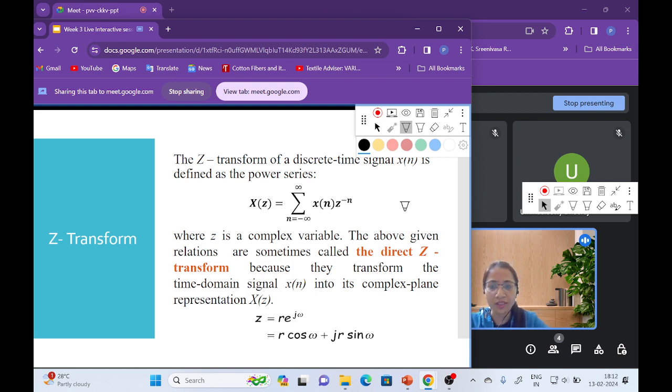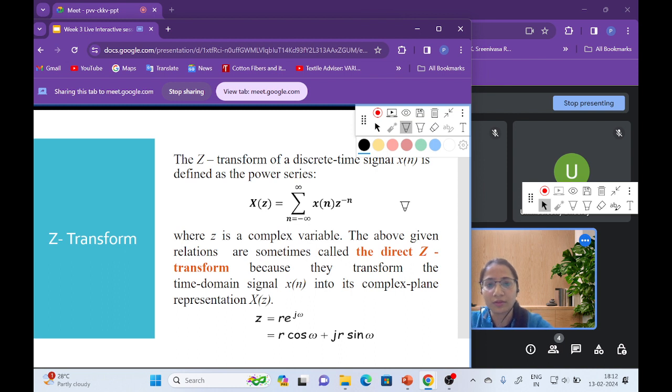So first, what is a transform? A transform is a change of representation. And the Z transform is used for discrete time signals. It is defined as a power series.